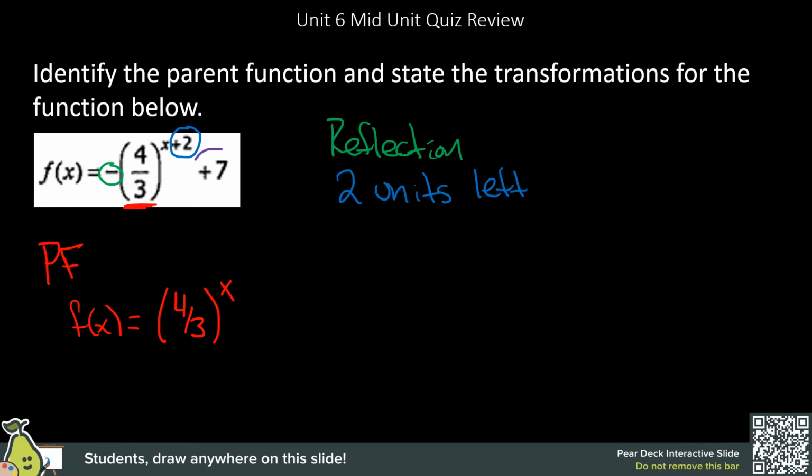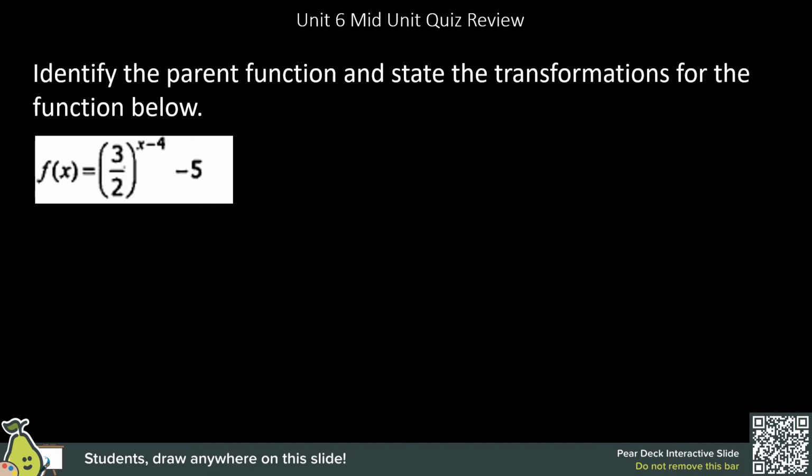And this plus 7 is going to cause us to go 7 units up. So again, to get our parent function, you take your base value, whatever the base is, it doesn't matter what it is, it could be any type of number, and you raise it to the power of x. Everything else that is an addition to that function is then going to be your transformations.